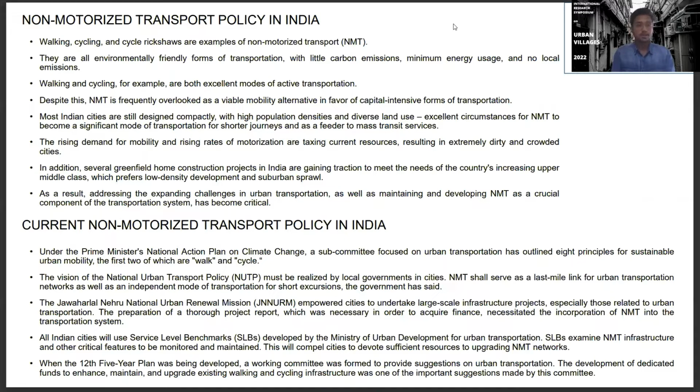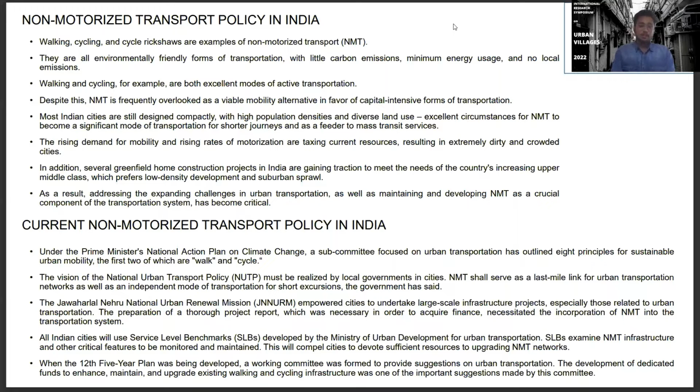The reason why NMT was introduced is because it has very little carbon emissions, minimum energy usage, and no local emission at all. Most Indian cities are still compact with high population density, so we can actually shift to NMT at this moment also. Walking, cycling, riding a bike, and NMTs like rickshaws can be put into play.